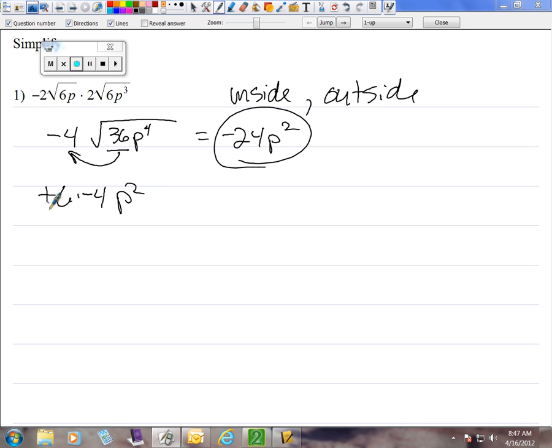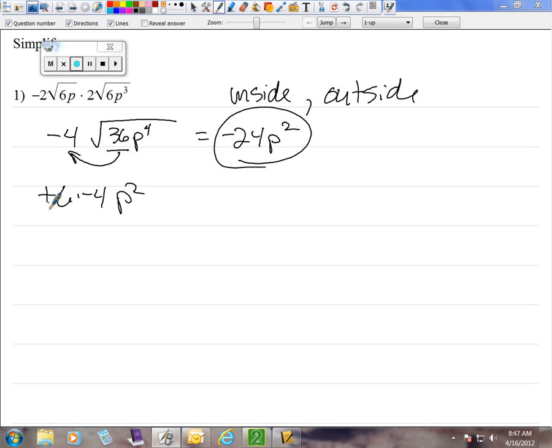Thank you. Is that what you're going to tell me? Thank you. So now you have 6 times -4, which is -24p squared. Some of you are confused and think there always has to be something left inside. If it has no remainder, if it's a perfect square, you just take the square root out and nothing is left inside.